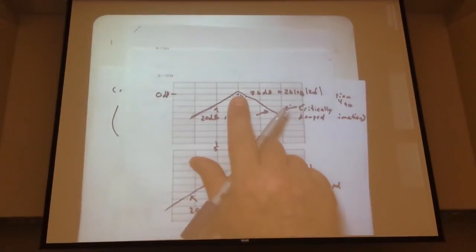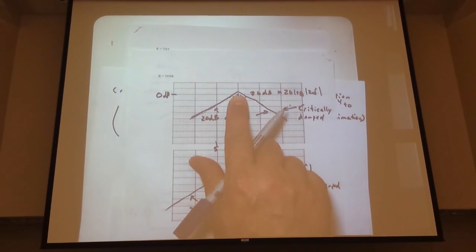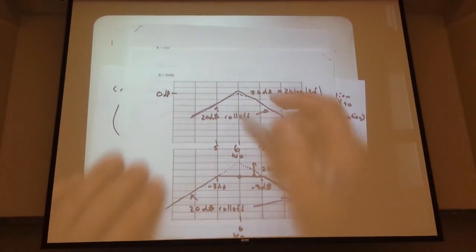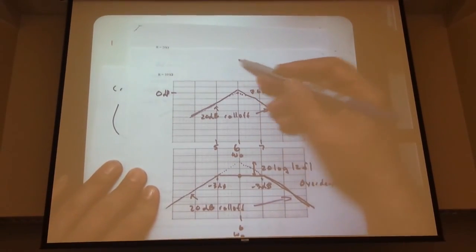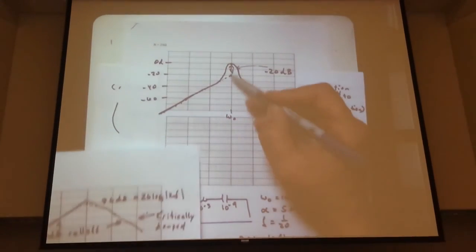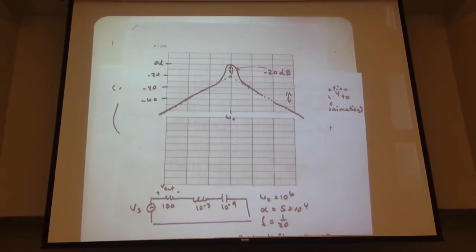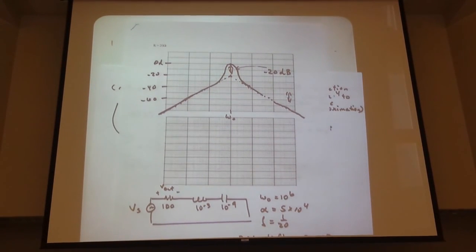In the critically damped case, the upside down V vertex is 6 dB above the 0 dB line. That's always true. As you overdamp it, that vertex moves up further and further. As you underdamp it, that vertex moves down, and you get the bandpass filter narrower, which is a useful achievement in many cases. You do really want a narrow bandpass filter.